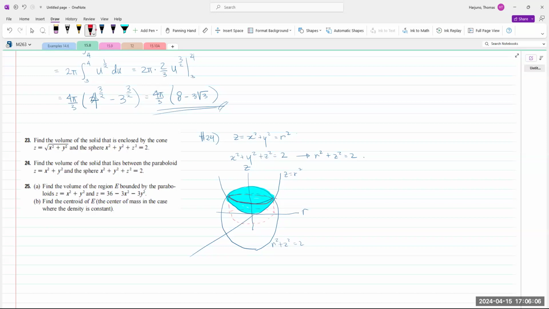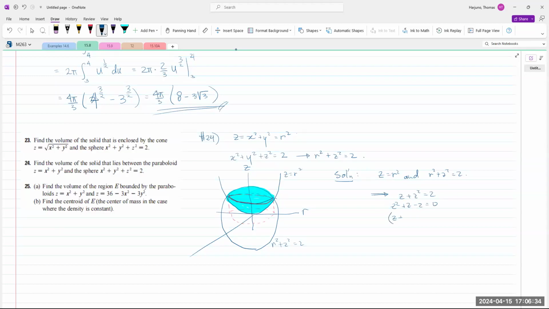I need to put them together though. So z equals r squared, and r squared plus z squared equals 2. If I put them together, I get z plus z squared equals 2. So z squared plus z minus 2 equals 0.